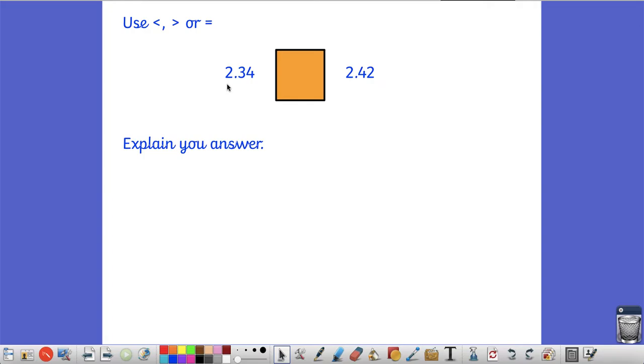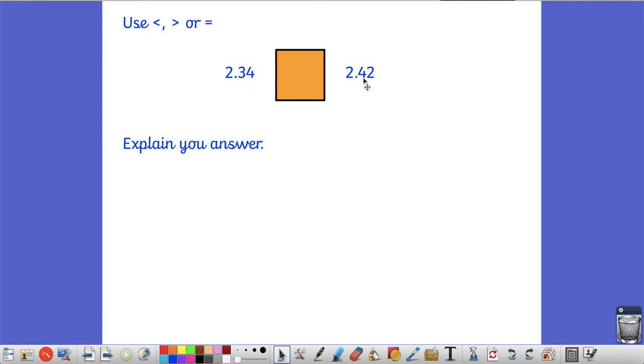So we're going to start off first of all with our whole numbers in our ones column. In this ones column here, we've got the number 2. In this ones column, we've got the number 2 as well, which means our ones columns are equal at the moment. So I'm going to move on to my tenths column.